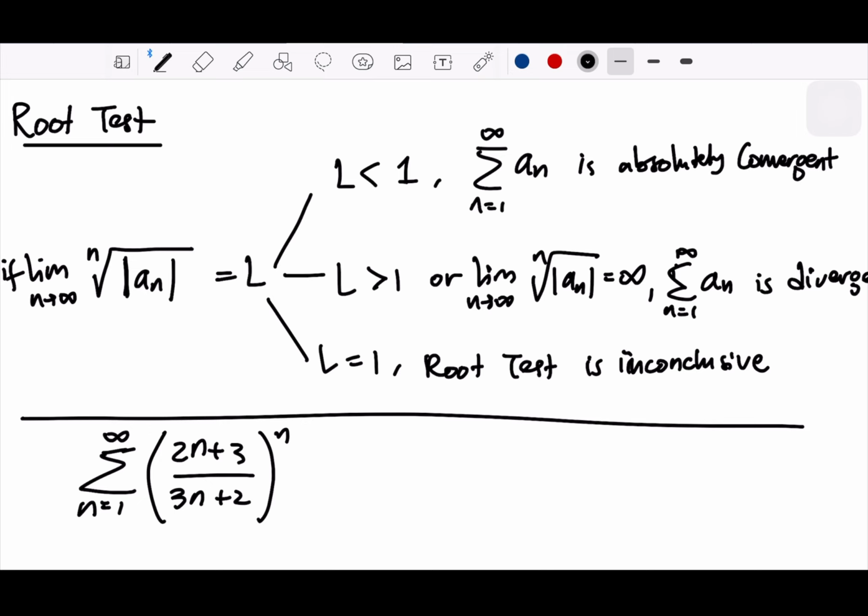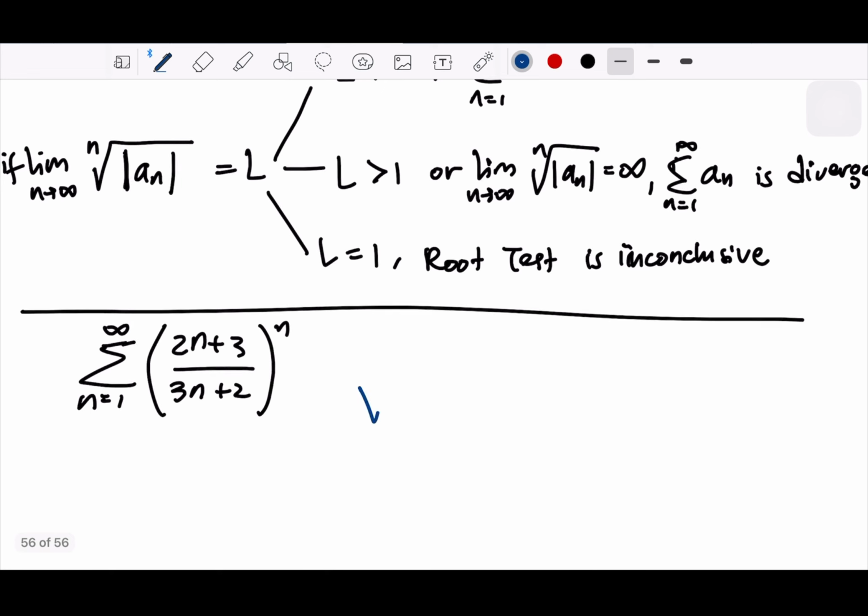So for example, for this one, we can just take the nth root, and then we can simply remove the n. Or maybe let me just write it as a_n.